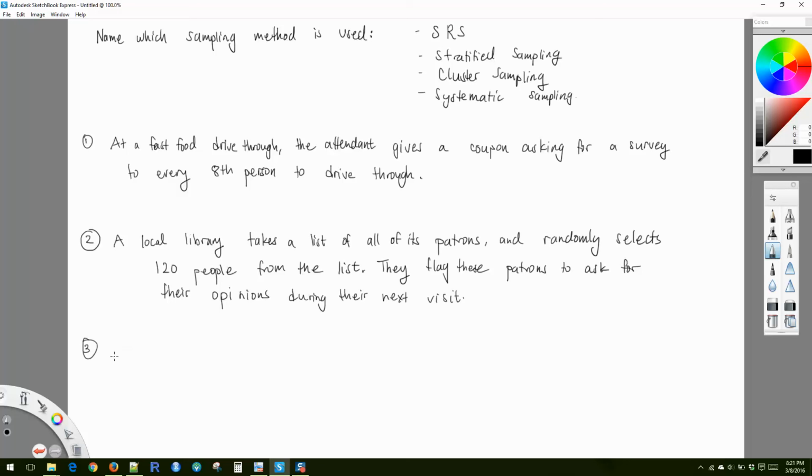Okay, and then we'll say a state is divided into 55 counties.